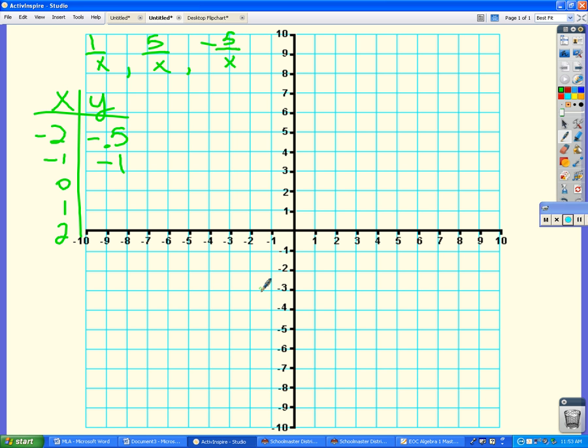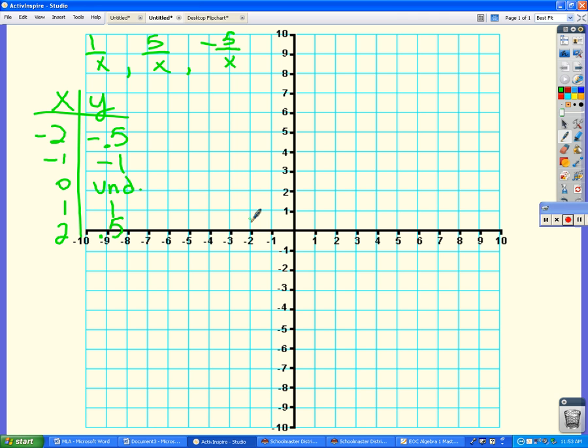Undefined. Cannot divide by 0. Doesn't exist. Okay? What is 1 divided by 1? 1. And what's 1 divided by 2? 0.5.